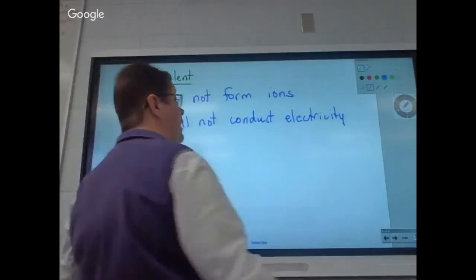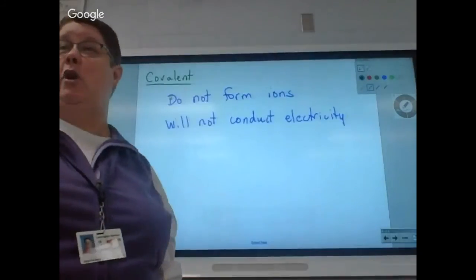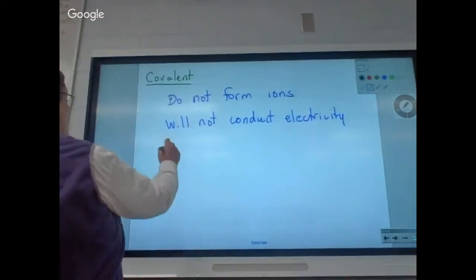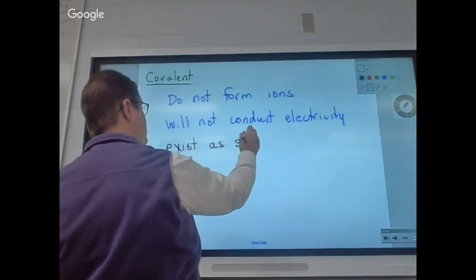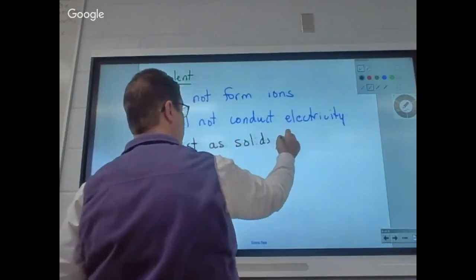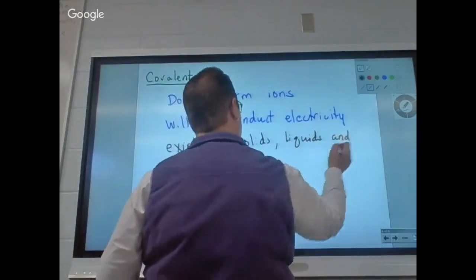Now, covalent compounds are the weirdest of the types of bonding we've talked about. These exist as solids, liquids, and gases.